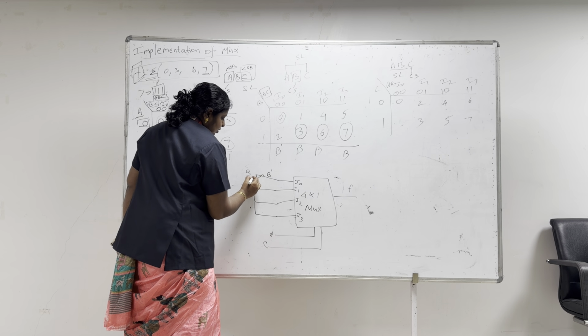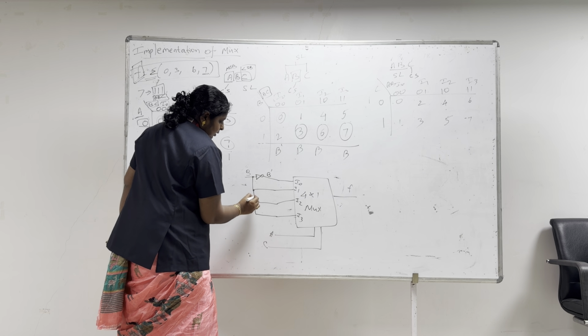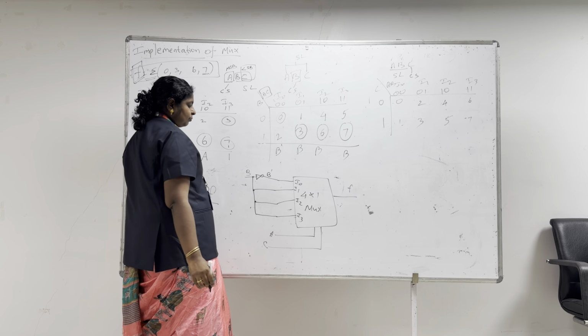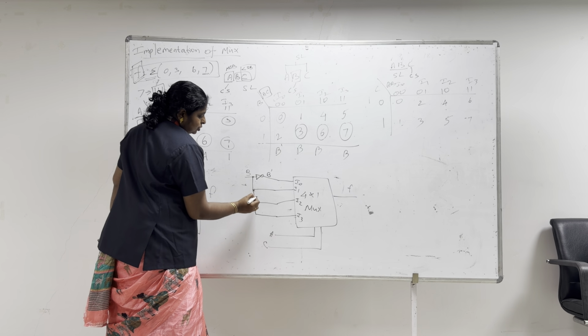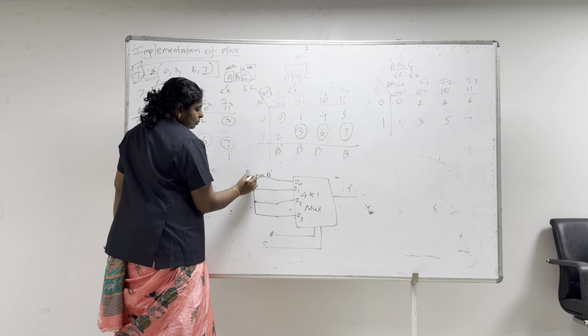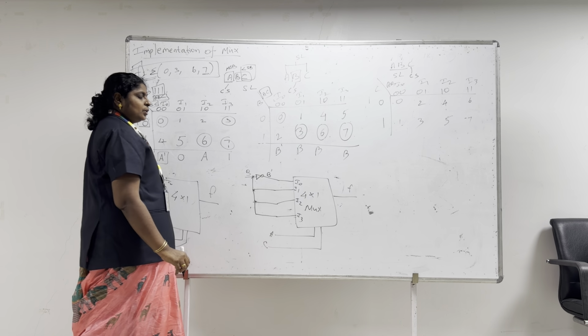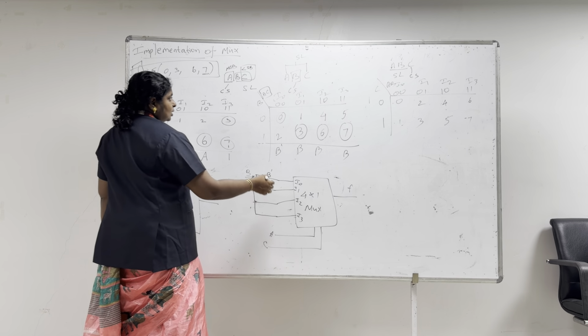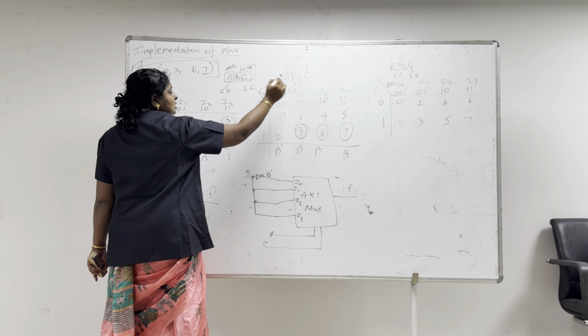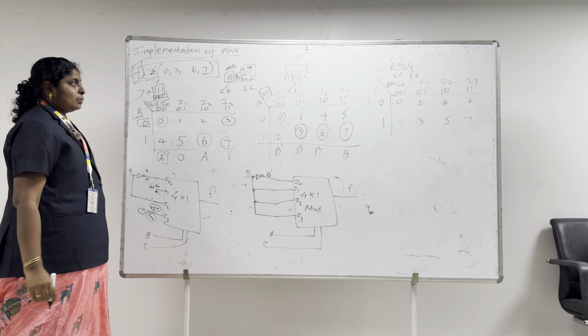So this is one connection, here one connection, here one connection. Connections can be shown with a bubble over here, or you can put a cross. You can represent it using a cross also. That represents connectivity. Okay, so this is my structure when my control signal is the middle bit B.